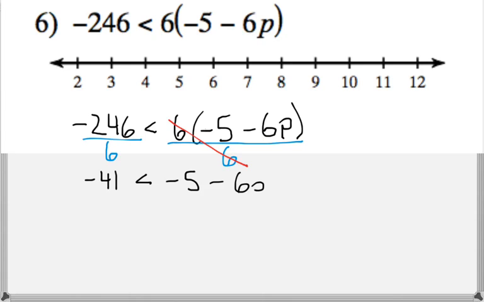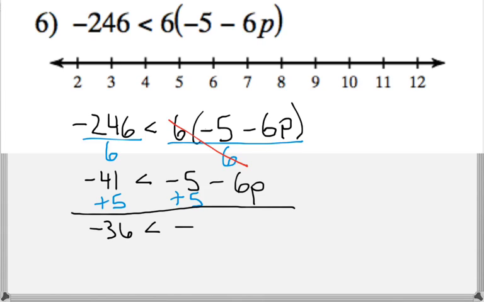We're still trying to solve for p, so we undo that minus 5 by adding 5 to both sides. That's going to give us a negative 36 is less than negative 6p, and we can undo that times negative 6 by dividing both sides by negative 6.